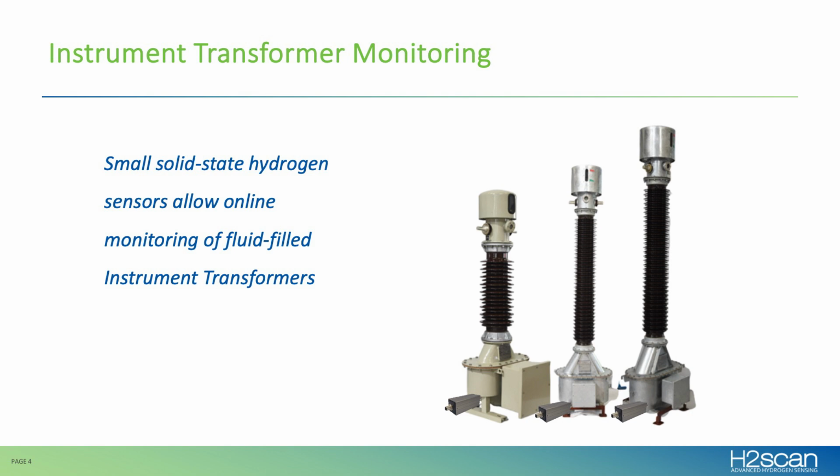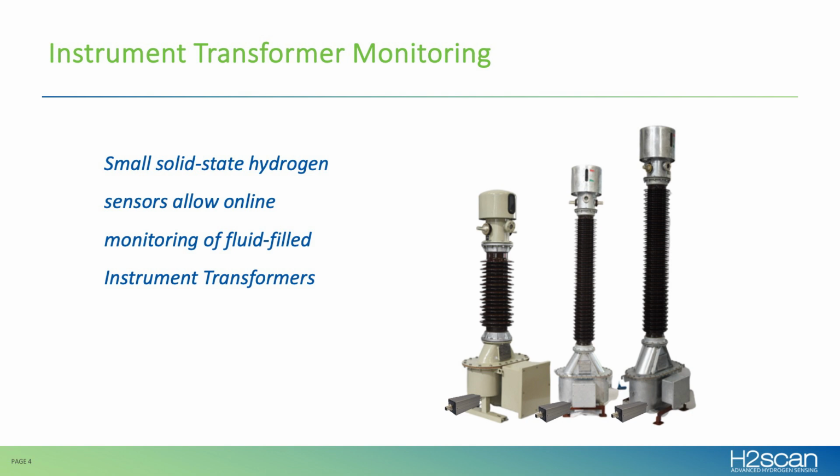And again, just one more slide, pointing out instrument transformers. Historically, this has not been a transformer that people have even considered putting online monitoring on. Historically, the online, primarily hydrogen monitors are about the size of a small watermelon. Putting something that large on an instrument transformer is very difficult from a mechanical standpoint, and there are concerns about the size of the valves and so forth.